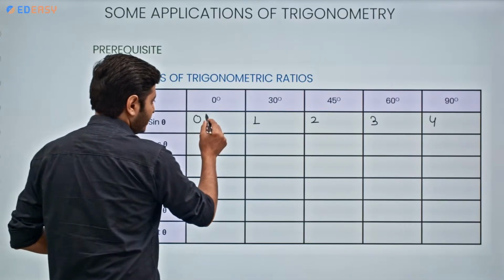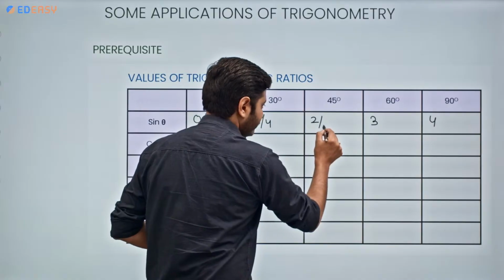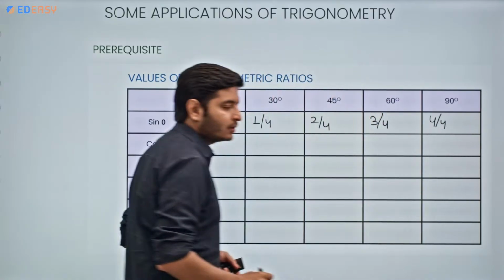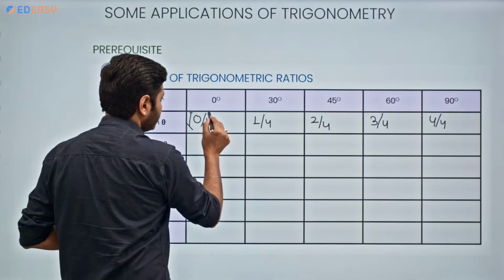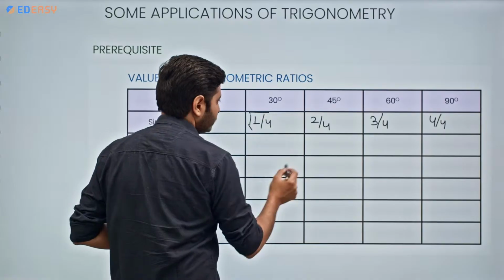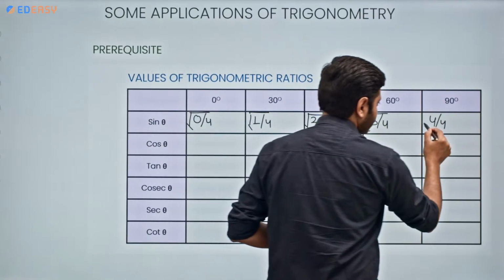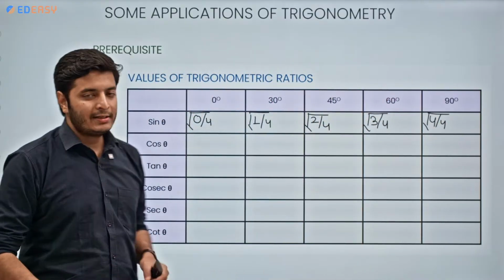Then you are gonna divide each value by 4. You can do that. Then you are gonna put under root. Done?